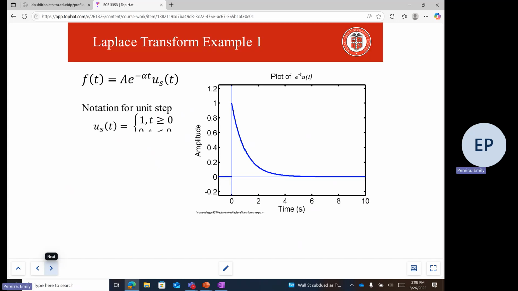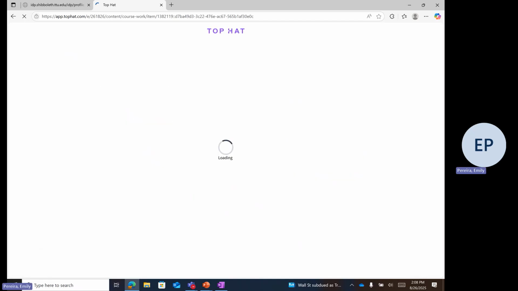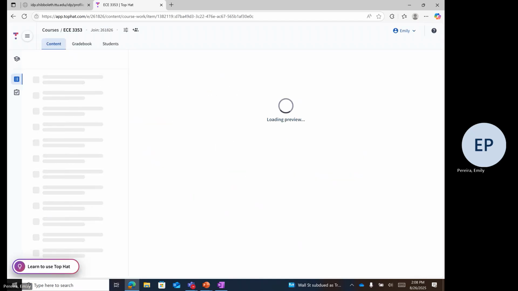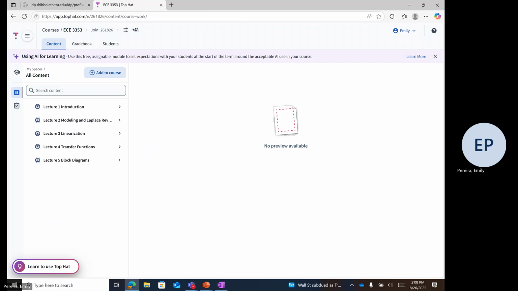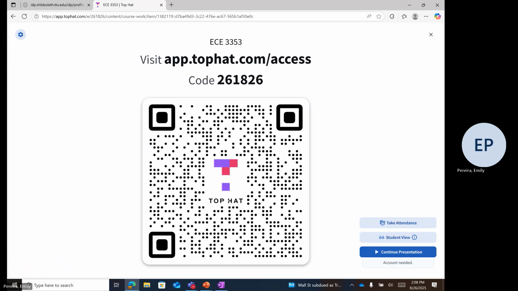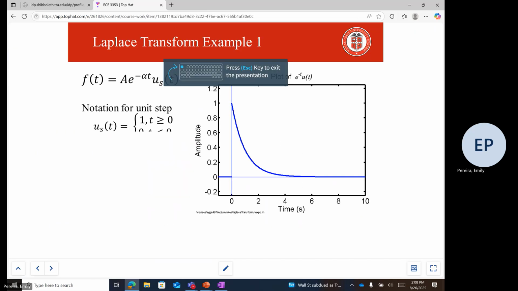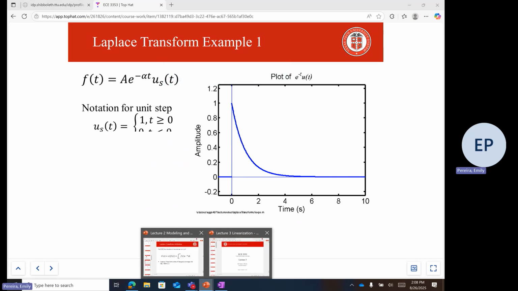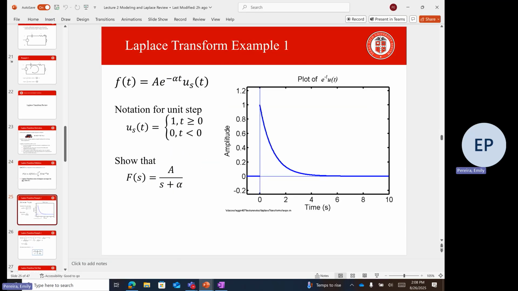Not sure why this isn't loading. So let me try to reload this. Okay, in any case, I have them right here.